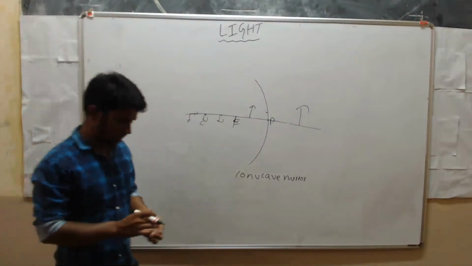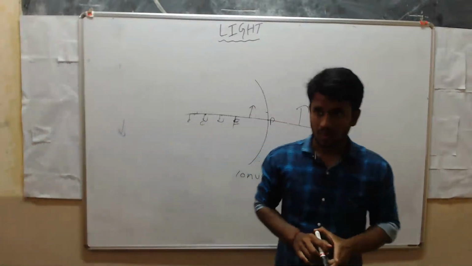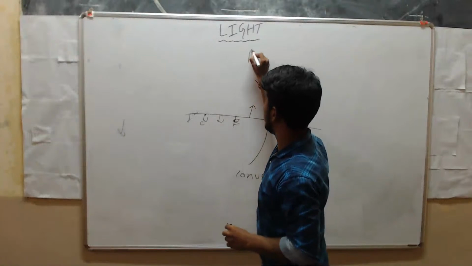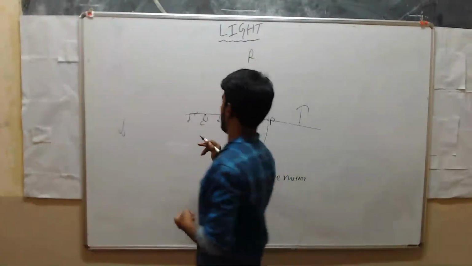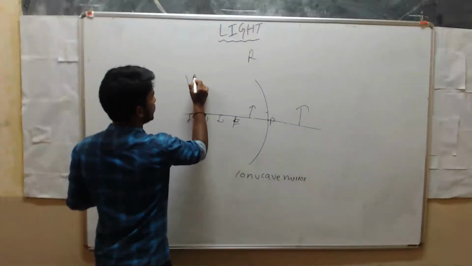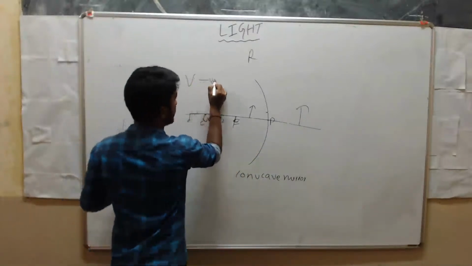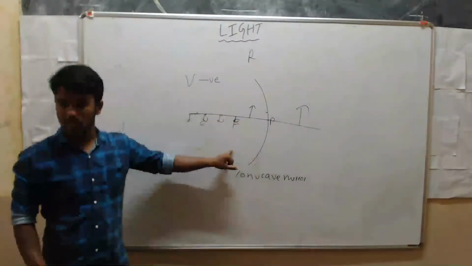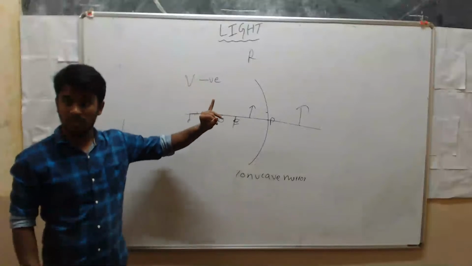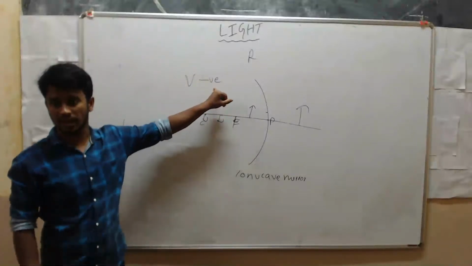So while solving problems, if they mention that the image is real and ask you to calculate the position of the image, at that time you should get the v value as negative only. Why? Because if the image is real, then the position of the image should always be negative.